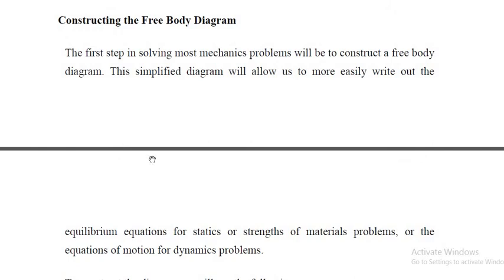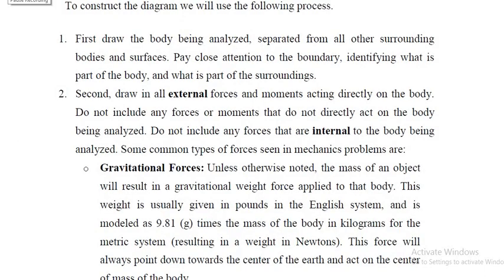So what is the process of constructing the free body diagram? The first step is to make the body isolated from all other surroundings. First we have to give the most attention to what is the part of the body and what is the other part, that means the surrounding part.